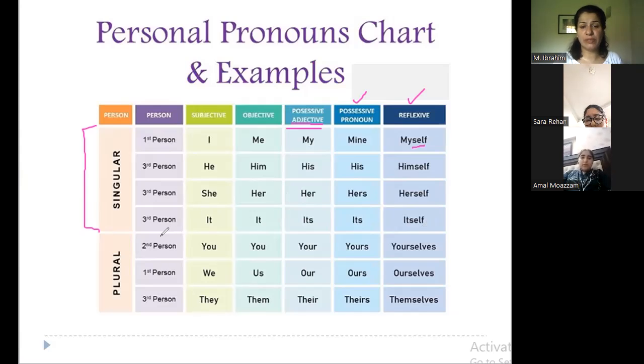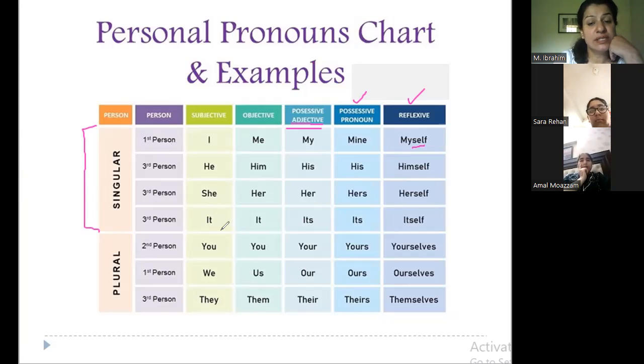And then second person. Second person is always the person we are speaking to. For example, I am the first person because you are listening to me, you are the second person. And if we are talking about somebody, let's say someone from your class, that person is going to be the third person.